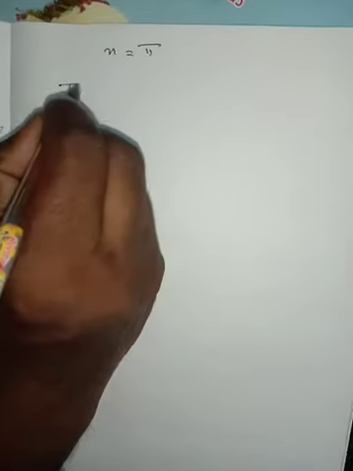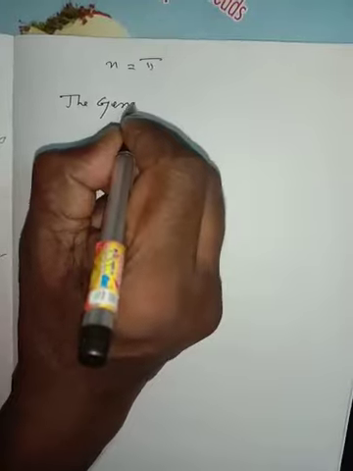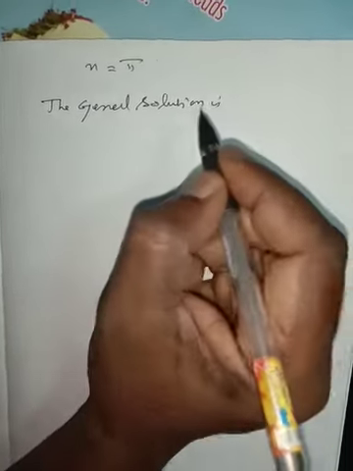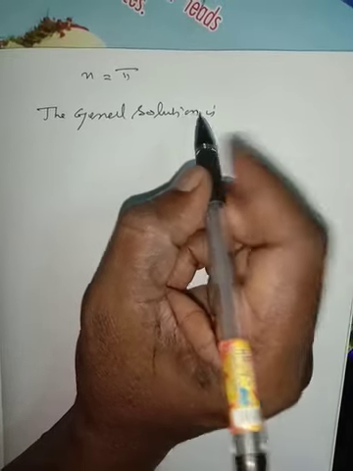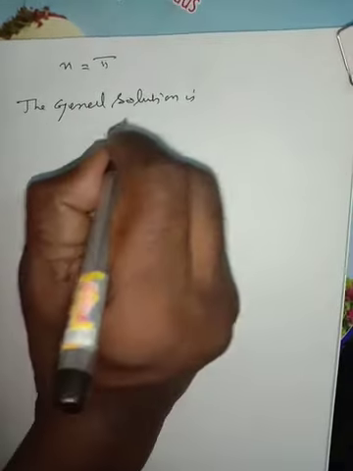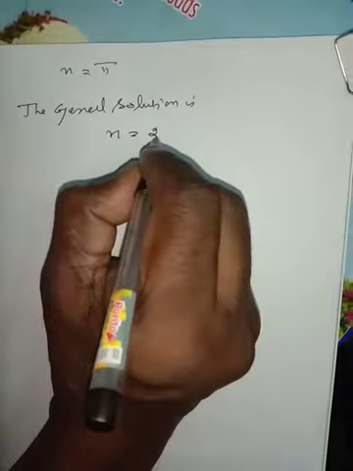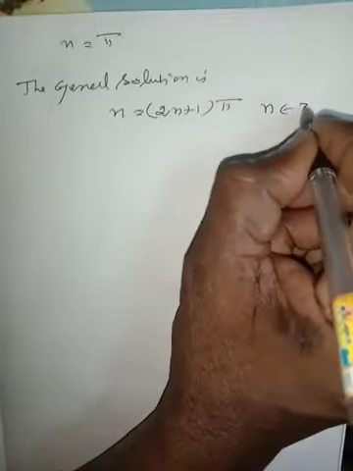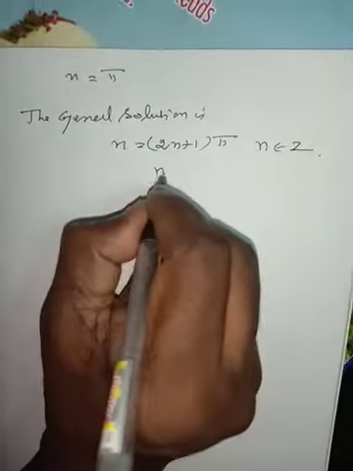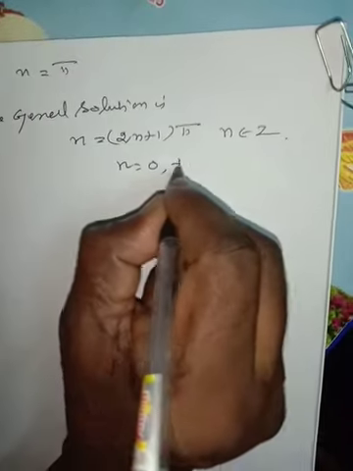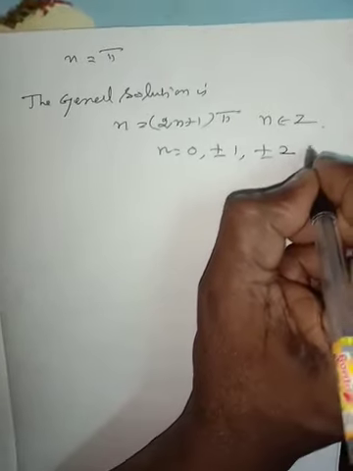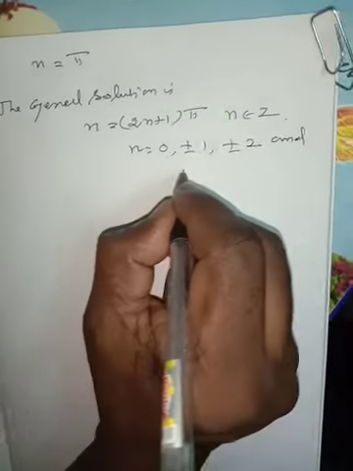The general solution is x is equal to (2n plus 1) pi, n an element of the integers. Here n is equal to 0, plus or minus 1, plus or minus 2, and positive 3 only.